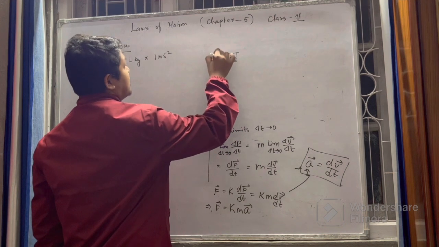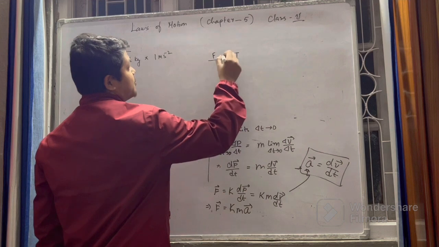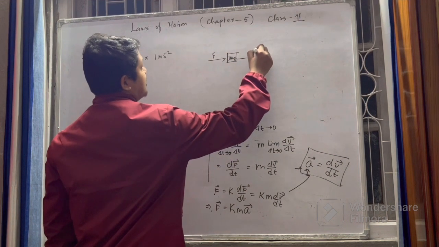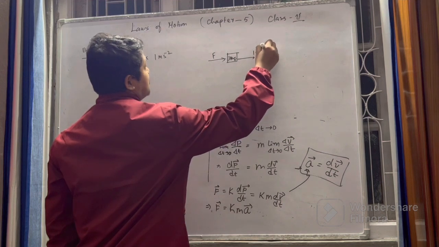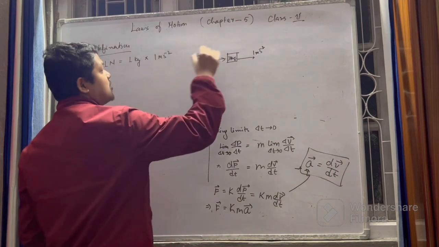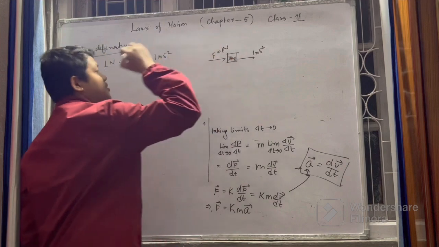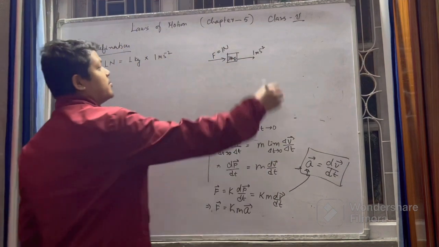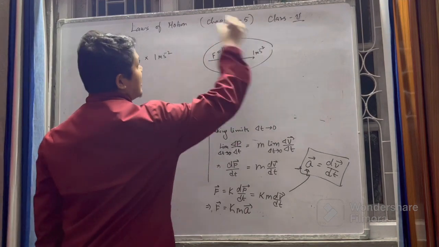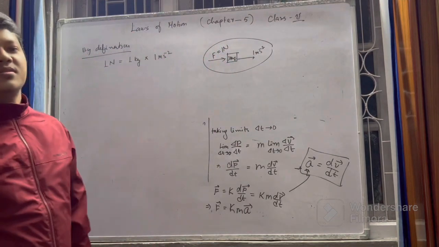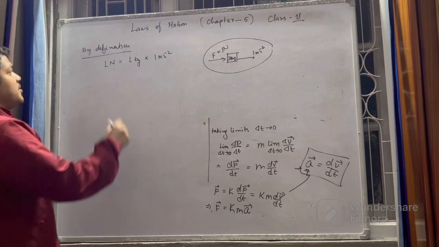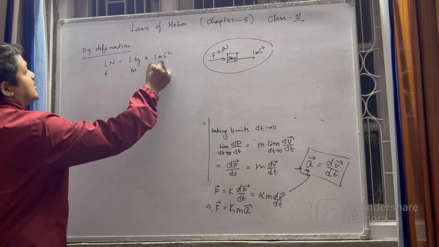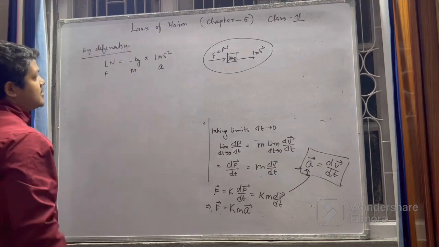If you have applied a force F on it, because of which it accelerates with an acceleration of 1 meter per second square, then this force will be 1 Newton, right? So you have already got this definition of 1 Newton force in class 9, if you remember, right? So this is the force, this is mass, this is acceleration, right?